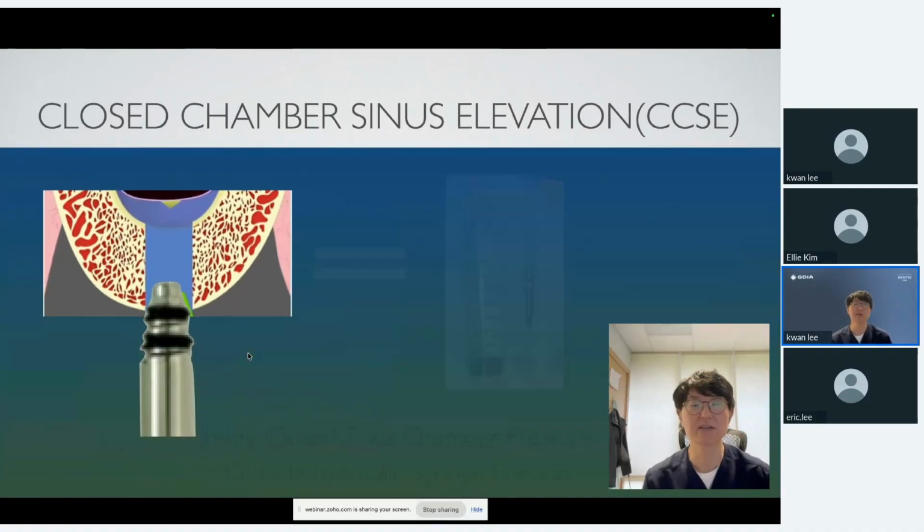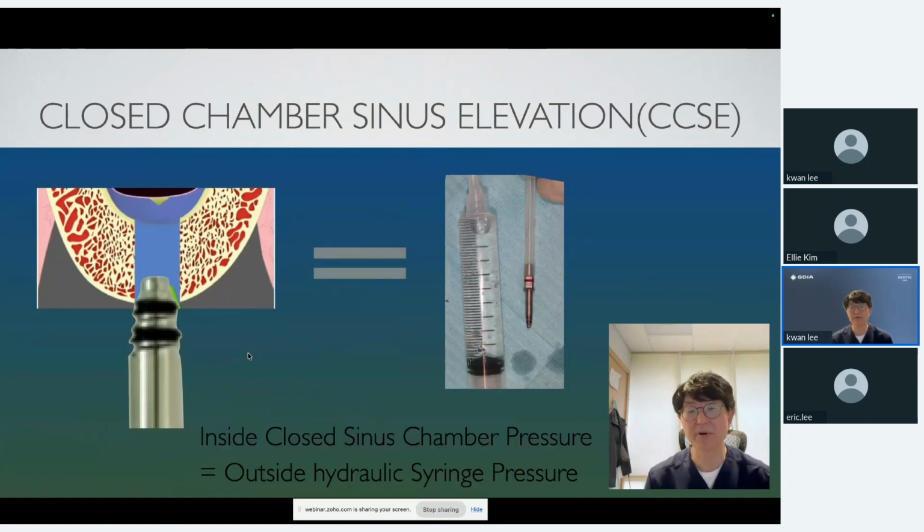Once you create this closed chamber, you have real-time feedback, because the hydraulic pressure from the outside is going to be equal to the hydraulic pressure inside the closed chamber. So you have instant feedback, and also instant control of how much of the membrane you can elevate, because depending on the amount of saline you are injecting, you can control how much elevation you want.